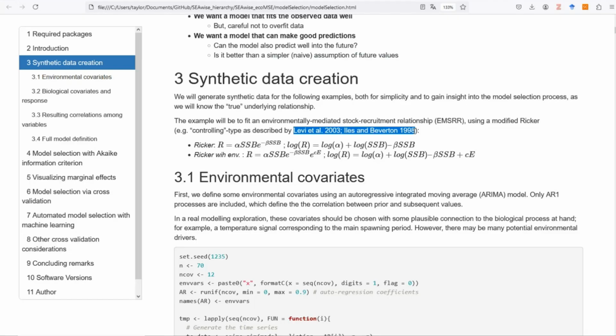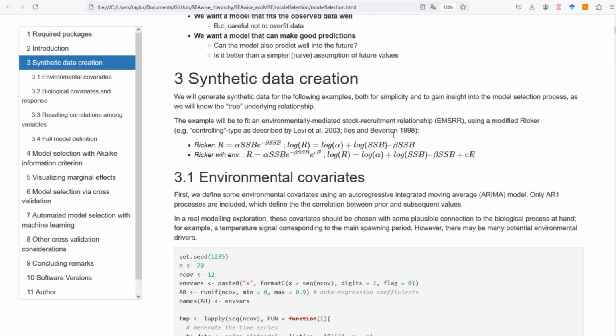I think this is similar to what Isabella was showing. Up above here we have the standard Ricker. And then in log space, if you turn it around, it becomes this nice linear model where you have your response variable, an intercept term, a term that's just the SSB, the spawning stock biomass, and then one with a coefficient fit to SSB.